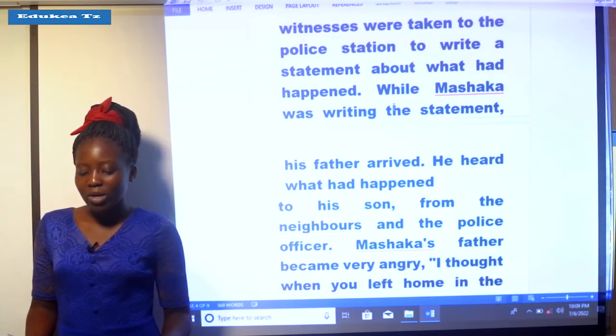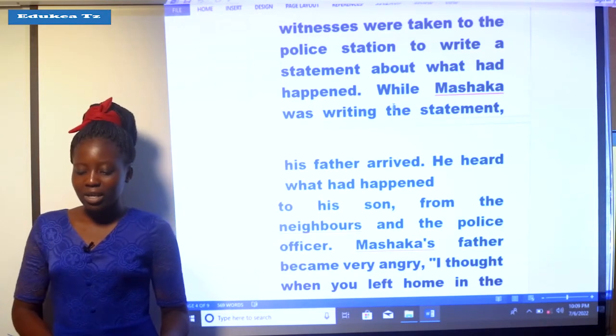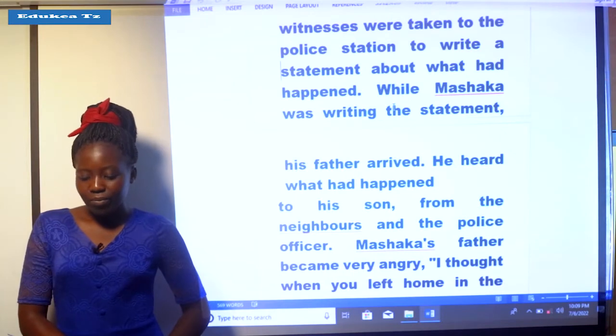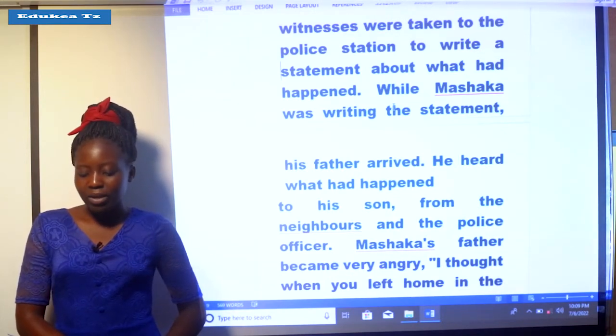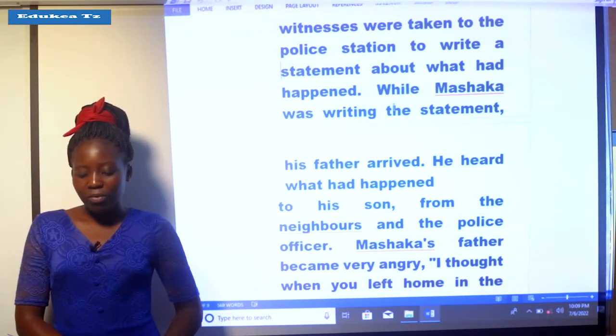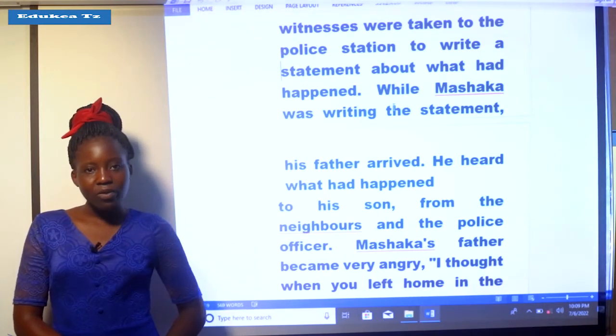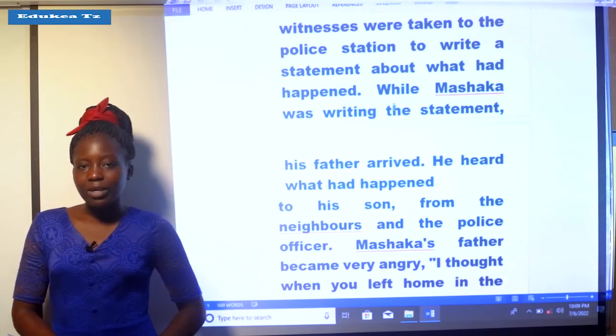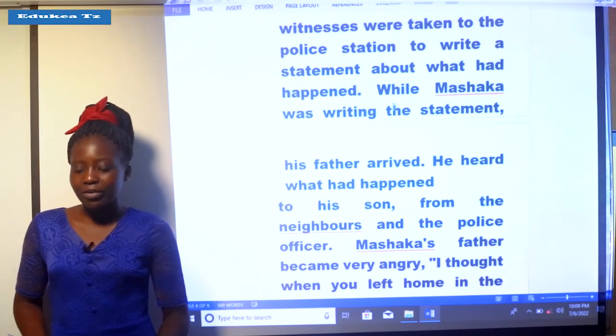While Mashaka was writing the statement, his father arrived. He heard what had happened to his son from the neighbors and the police officer. Mashaka's father became very angry.